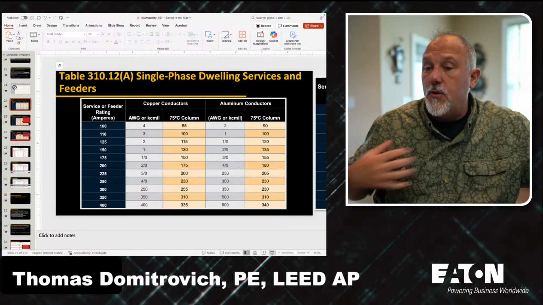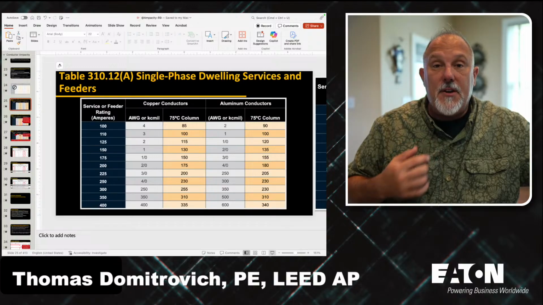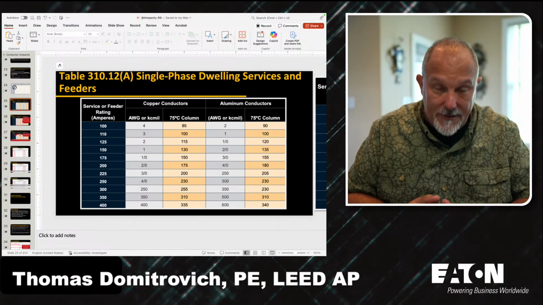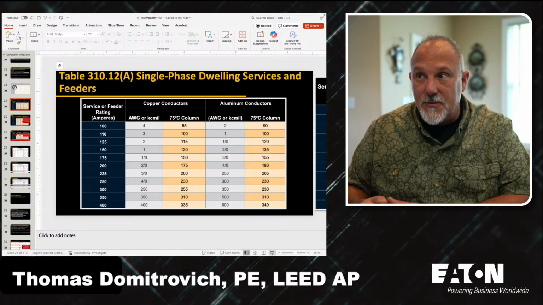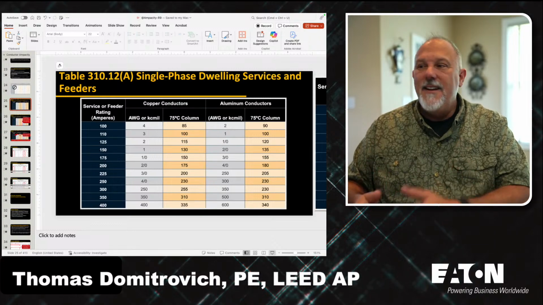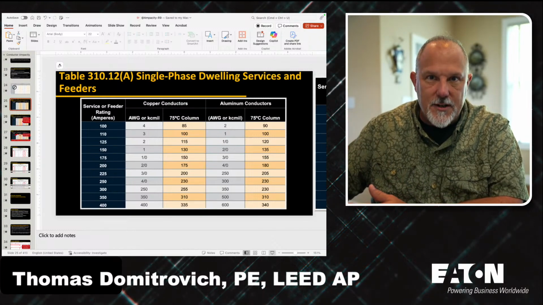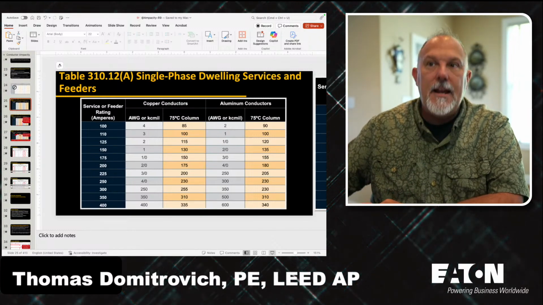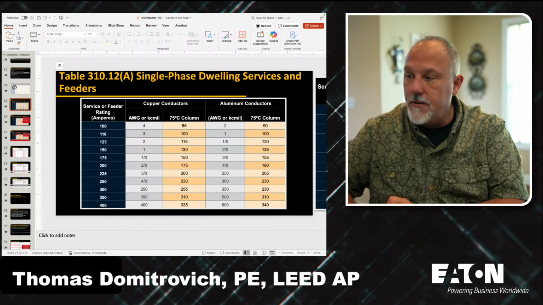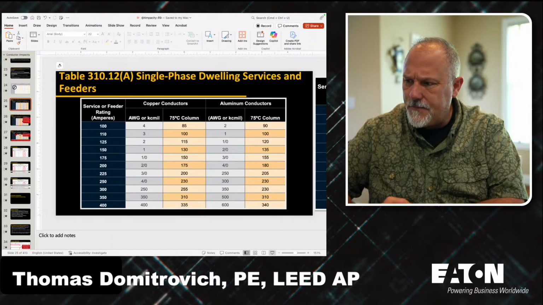It would make more sense to me because we have the conductor protection requirements for branch circuits in 210. We have the conductor protection requirements for feeders in 215. You would think that we would have the minimum circuit ampacity and the conductor protection all in 230 for service conductors. Why is it back here in 310?